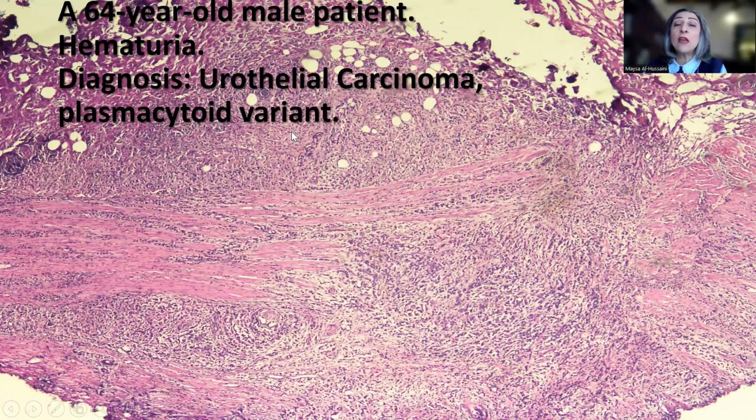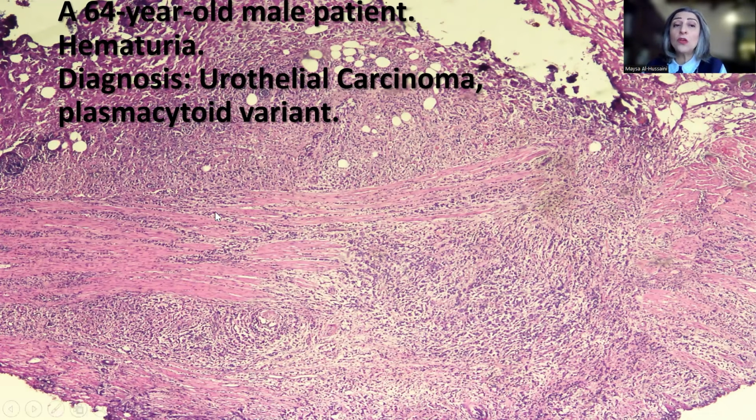This is a rare variant of urothelial carcinoma that you should be aware of in order to make sure not to misinterpret it as other types of tumors, and in order to render the proper diagnosis, because plasmacytoid variant of urothelial carcinoma is associated with poor outcome in comparison to the conventional type of urothelial carcinoma or even other variants of urothelial carcinoma.